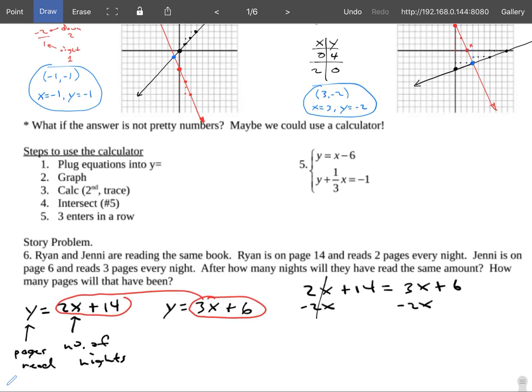The 2x's are going to cancel on the left, and we're going to get 14 equals 3x take away 2x is 1x, or just x. And that's plus 6. Then we're going to subtract 6 on both sides, and we're going to get x equals 8. Again, x represented the number of nights. So this would be after 8 nights, they've read the same amount. So this is 8 nights.